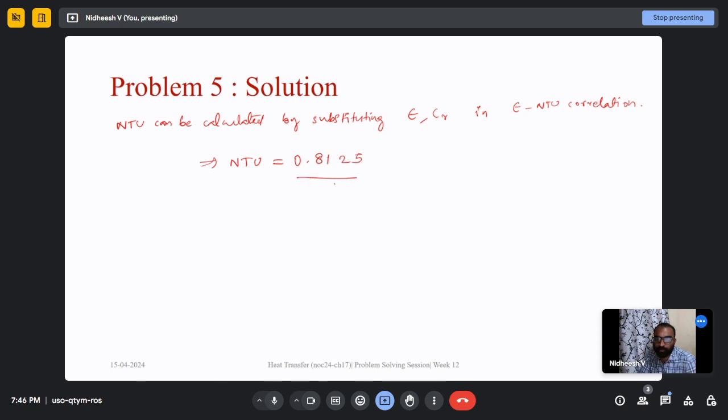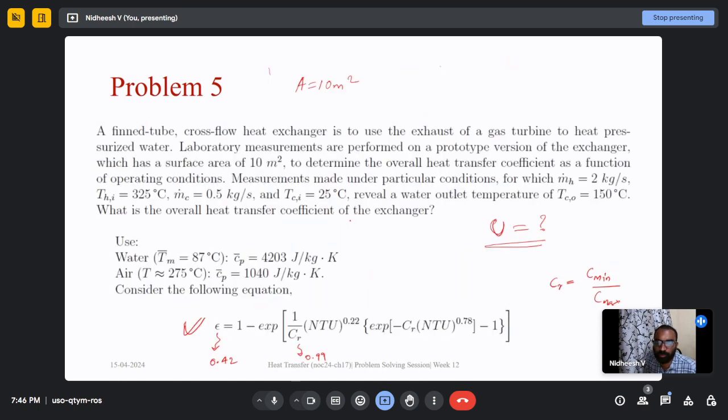0.8125. Okay. Now remember that we said what we wanted to calculate was overall heat transfer coefficient, and overall heat transfer coefficient we can express in terms of NTU, as it is C min into NTU by surface area available for heat transfer, which is again C min is 2080 into NTU is 0.8125 divided by area available for heat transfer is given to be 10 meters square.